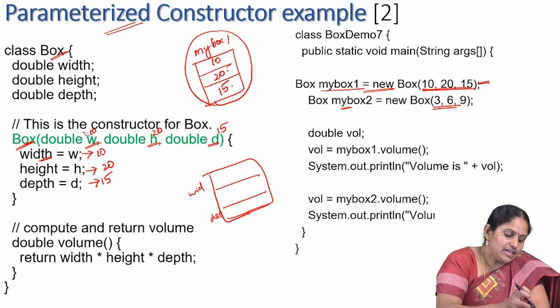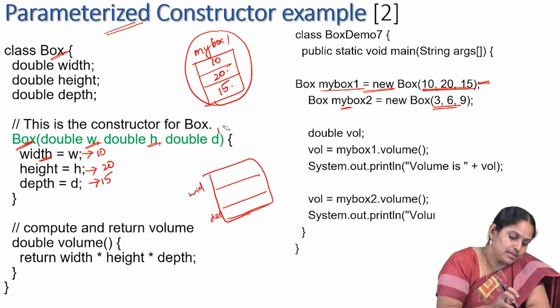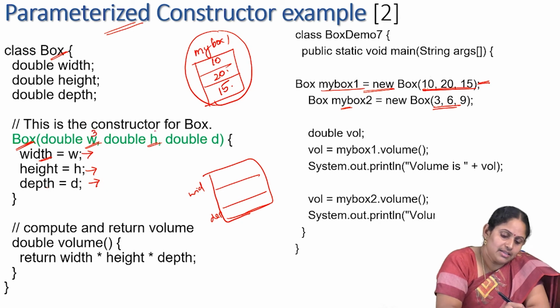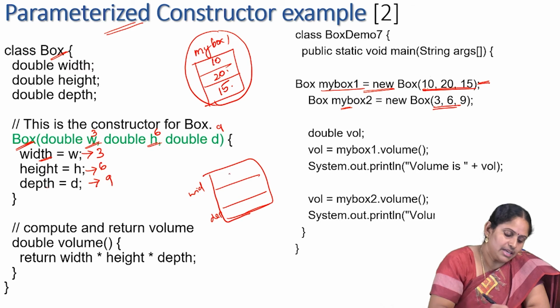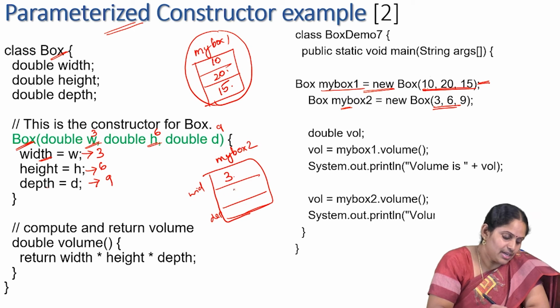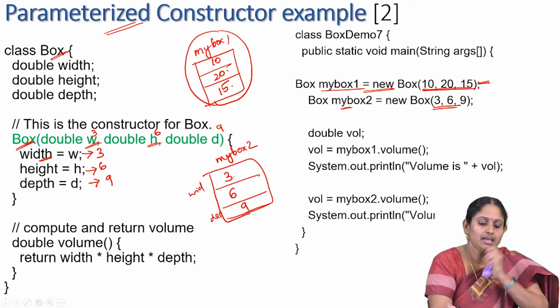So 3 will come to W, 6 will come to H, and 9 will come to D. And these W, H and D are stored into width, height and depth. So width will be 3, height will be 6 and depth will be 9. This is for my box 2.